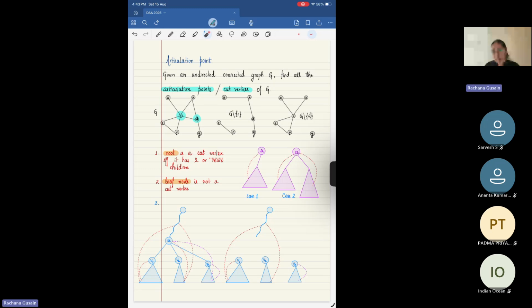So can we identify, for a vertex which is neither a root vertex nor a leaf vertex, whether that vertex is an articulation point or not, based on the information coming from the back edges starting from the subtrees associated with the children of that node?